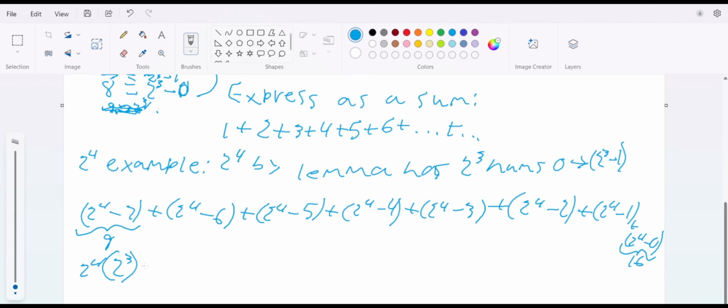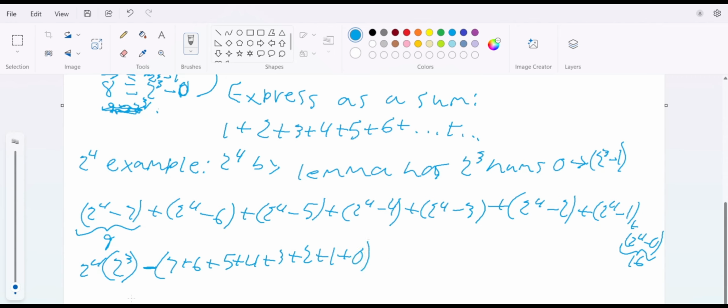Okay, cool. And then I'm going to group up all of the constants, or they're all constants, excuse me, all of the numbers, like 7, 6, 5, not the powers of 2. So then I'll get 7 plus 6 plus 5 plus 4 plus 3 plus 2 plus 1 plus 0.